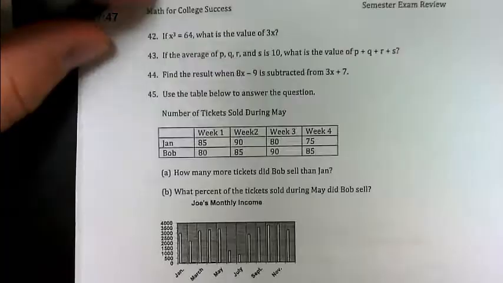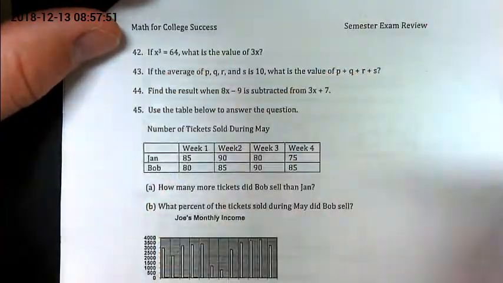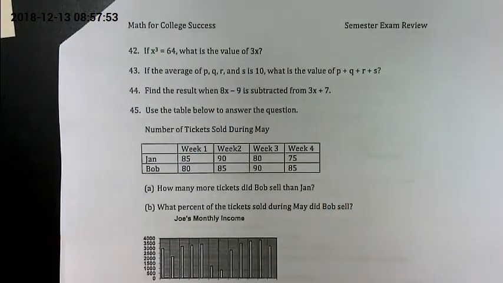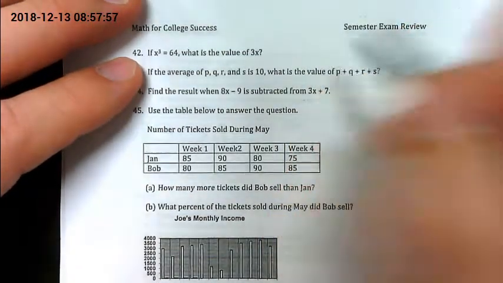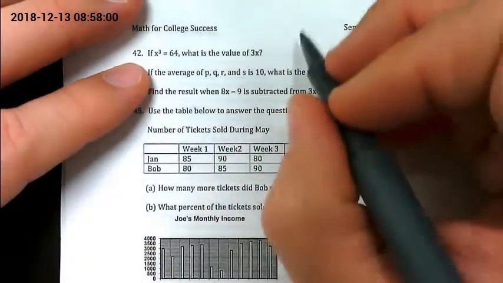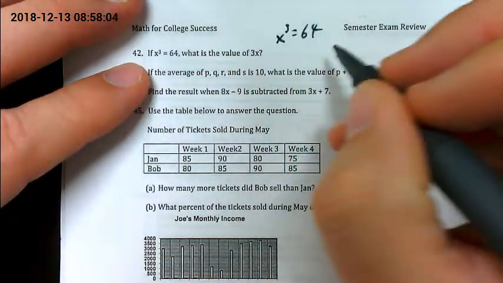All right, on the back. So now for 42, if x to the third is equal to 64, what is the value of 3x? Well, first we have to figure out what x is. So I have x to the third equals 64.